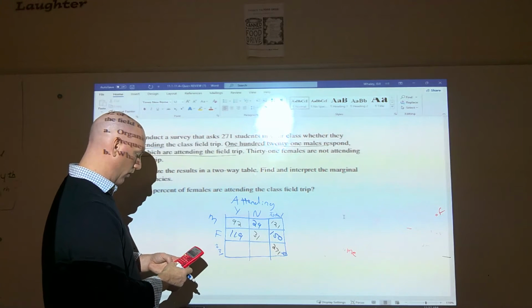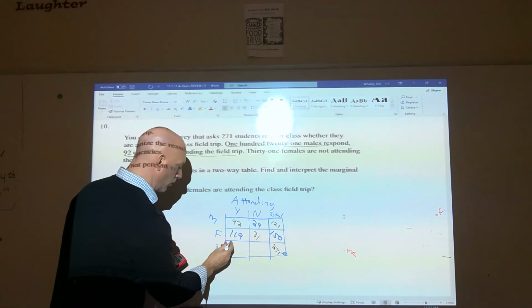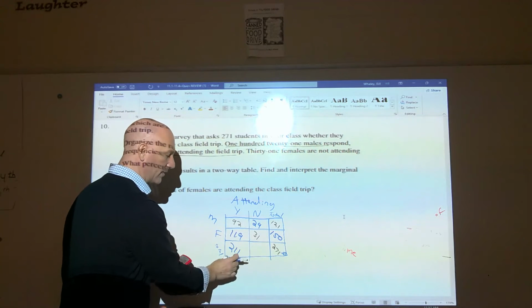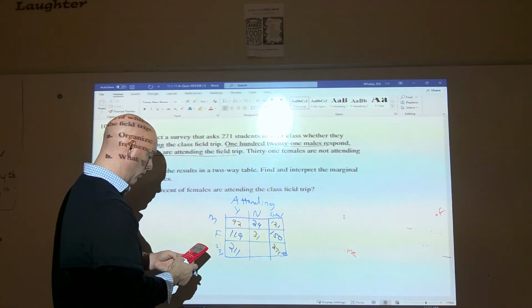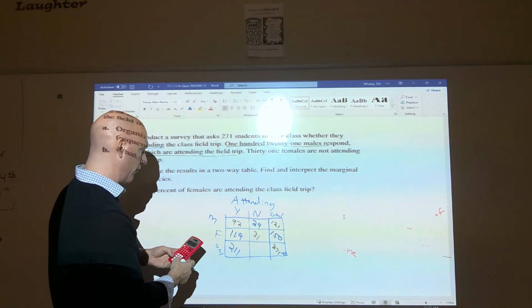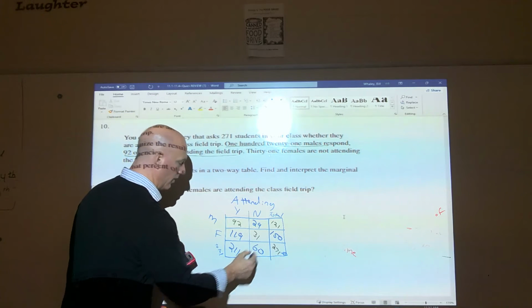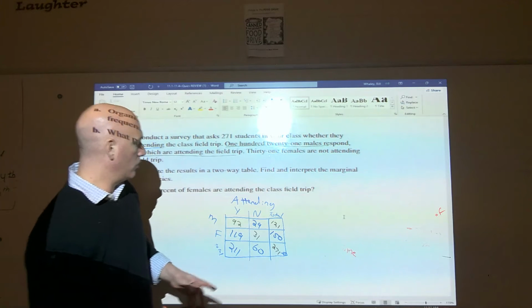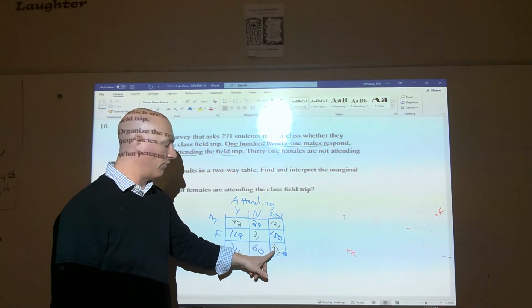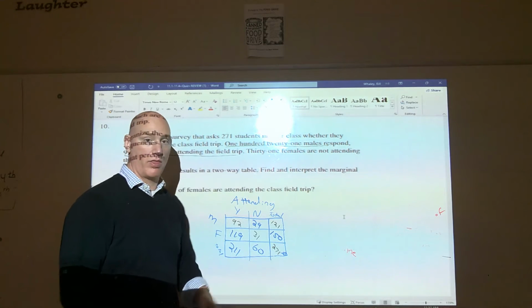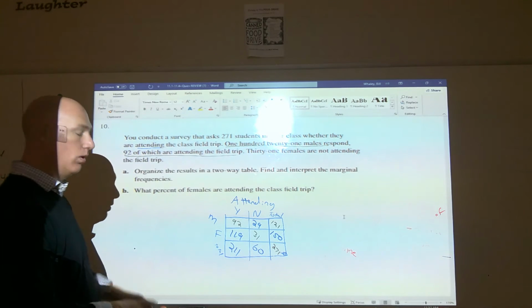That gives me a total of 211 total yeses. 29 male no's plus 31 female no's gives me a total of 60 no's. And you should notice 211 plus 60 is 271. 121 plus 150 is 271. So that is our two-way table created.